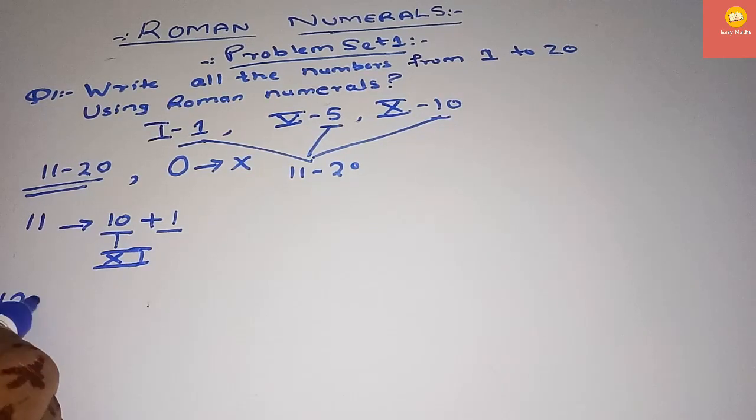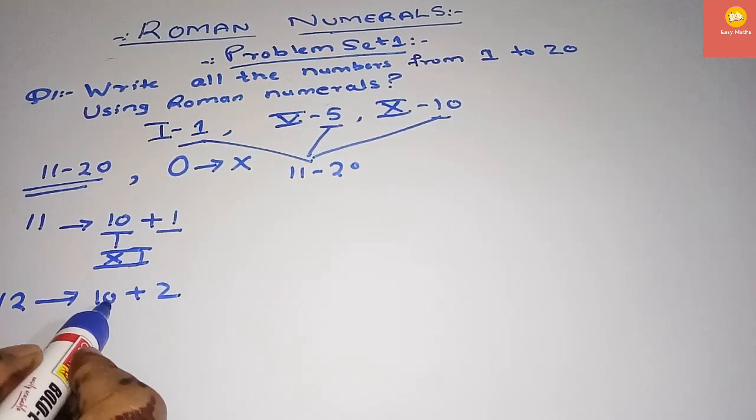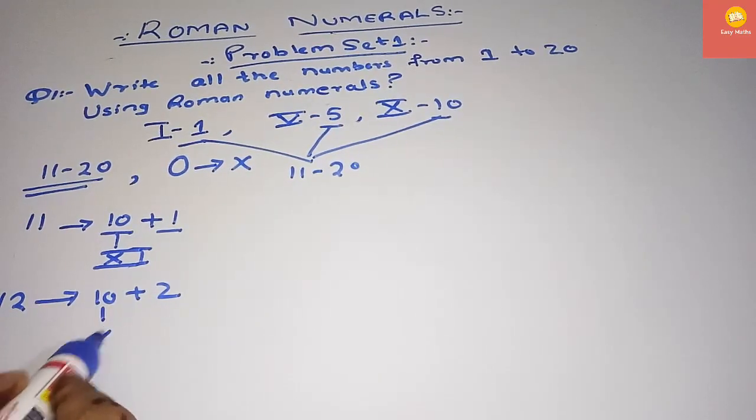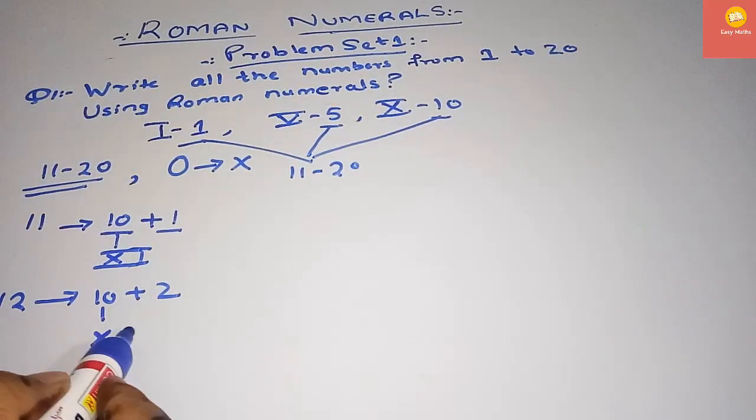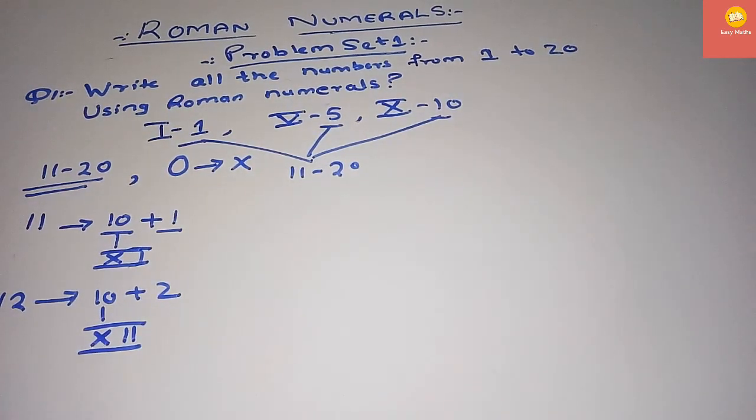Same for 12. 10 plus 2 is 12. 10 is nothing but capital X. 2 is nothing but 2 I's. Okay. Now 13. 13 is nothing but 10 plus 3. 10 is nothing but capital X. 3 is nothing but 3 I's. So this is how we write down the 13.